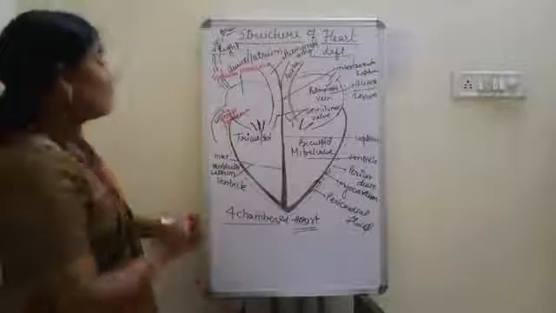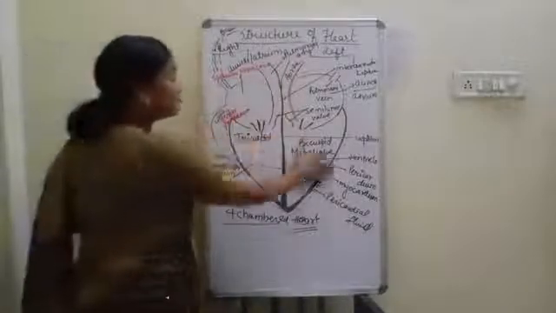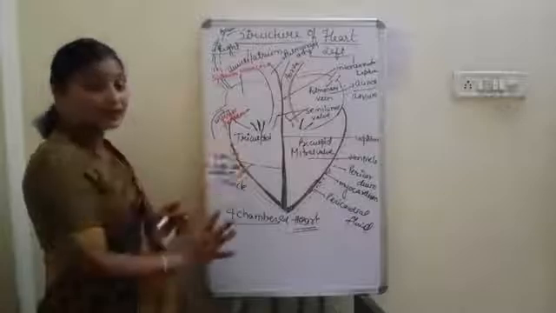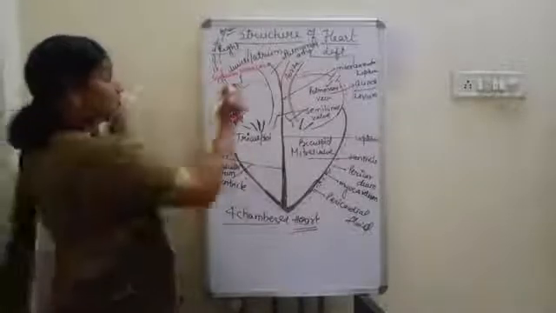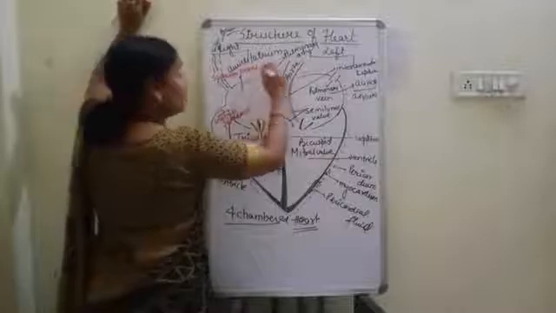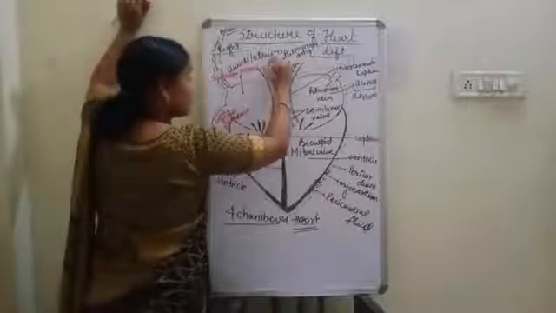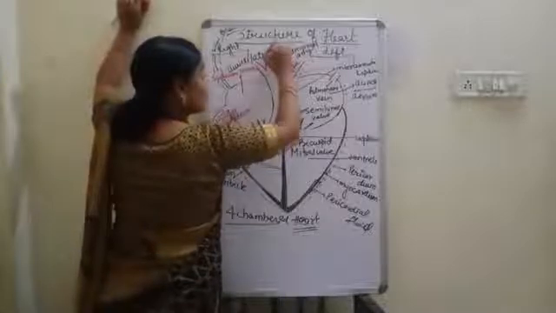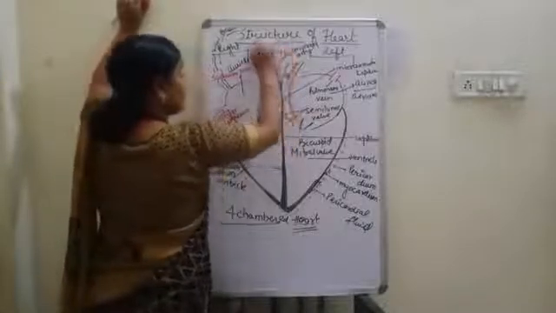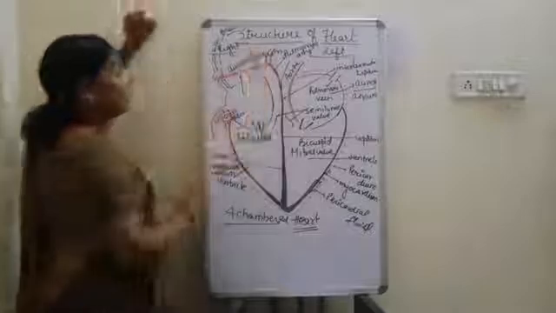Okay. Now, for the sake of simplicity, so that you all can understand it well, I have drawn only one. But actually, children, there are 2 pulmonary arteries, like this. One goes to one lung and another goes to the next lung.